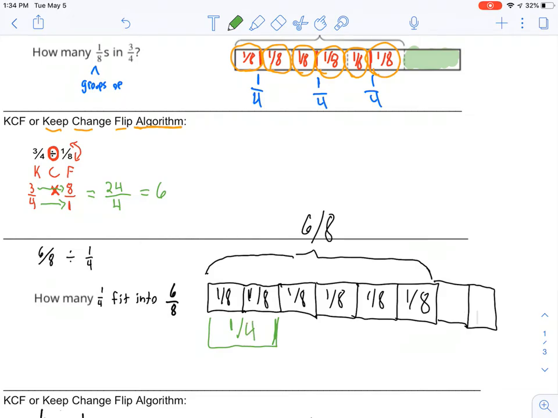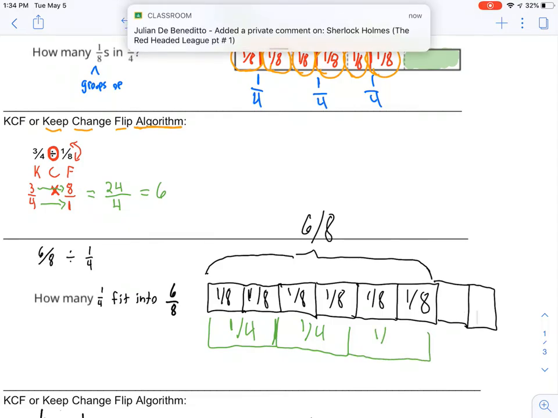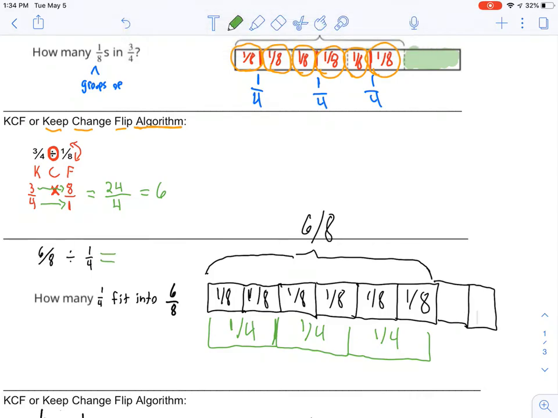So there's our first group of 1/4. There's our second group of 1/4. And our third group of 1/4. Okay, so how many total groups of 1/4 did we get? Let's count them one more time. 1, 2, 3 groups of 1/4. 3 groups, right? 3 groups all together.